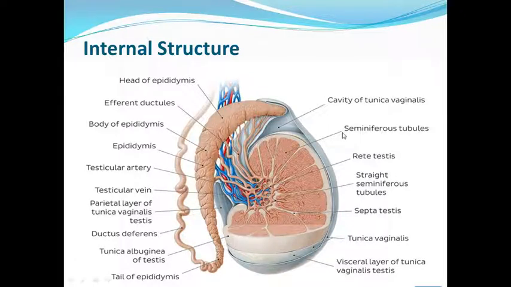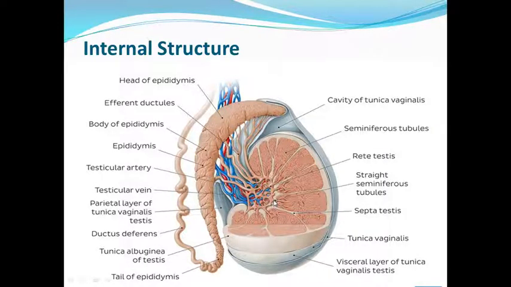Now, as you can see in this picture, the 2 to 3 seminiferous tubules in a lobule will join to form a straight seminiferous tubule, or straight tubule. You can trace it, this one is the straight tubule.